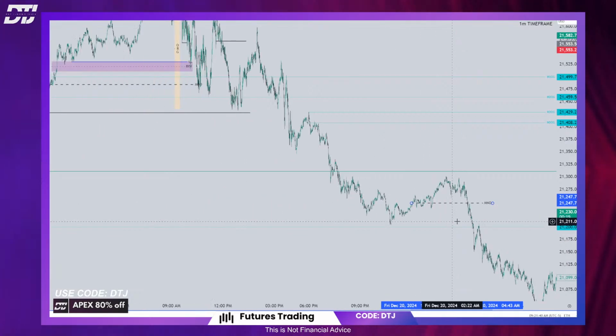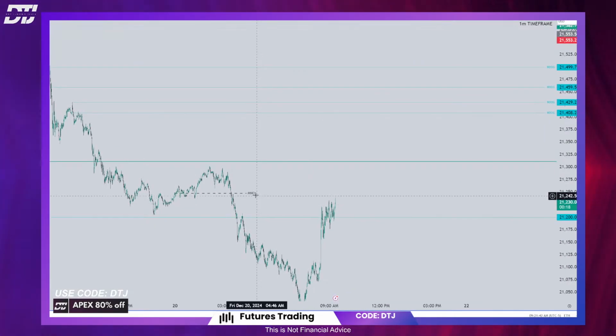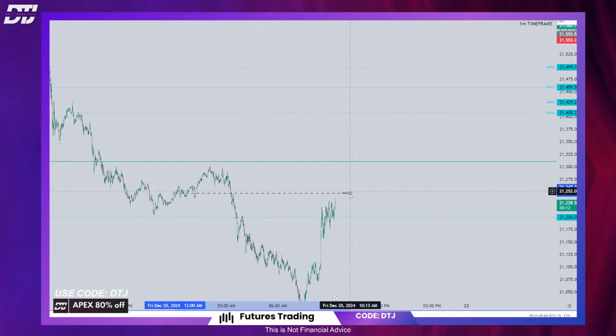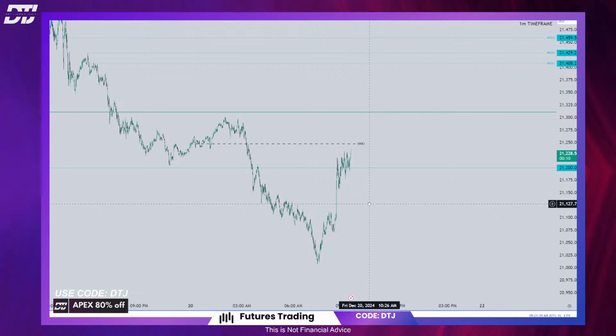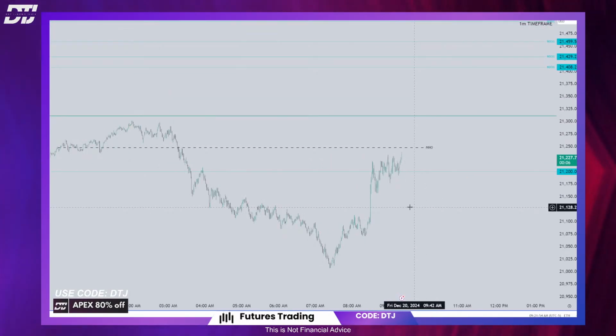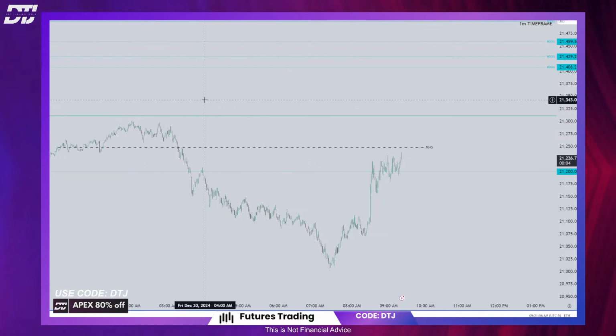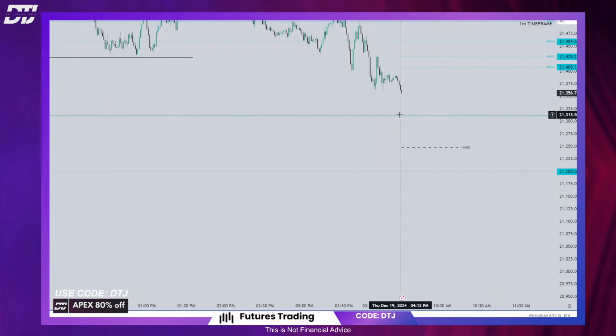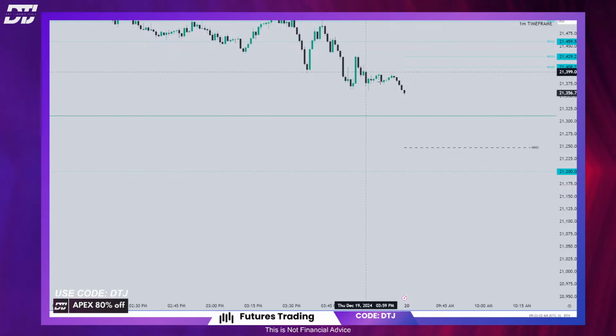All right, so here's midnight open, and we ran it at 313, and we're sitting right there. Let's see here. I want to go to regular trading hours.